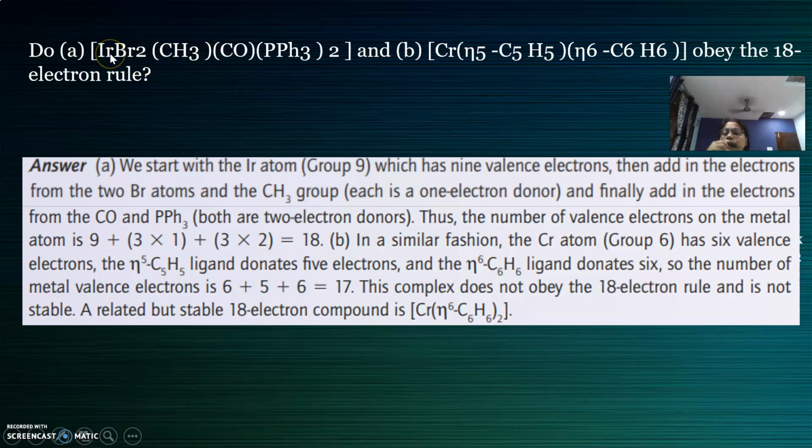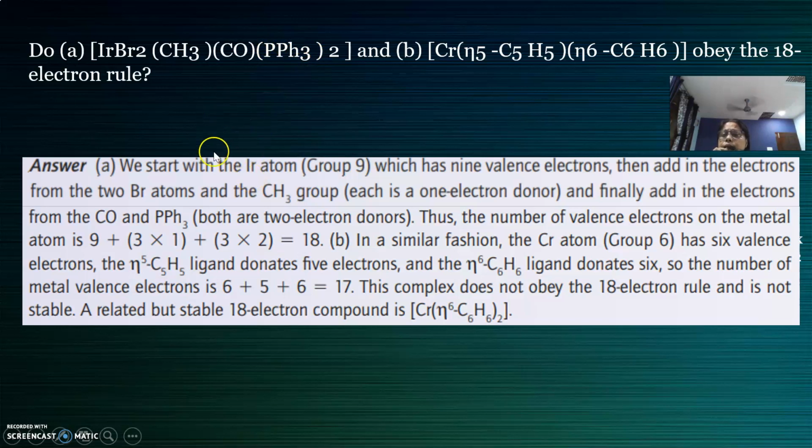So the total number of valence electrons in iridium will be 9. The methyl can donate 1 electron. Bromide can donate 1 electron. So there are 2 bromine atoms and 1 methyl group. These will be 1 electron donors, but carbon monoxide will be a 2 electron donor, and triphenyl phosphine will be a 2 electron donor.